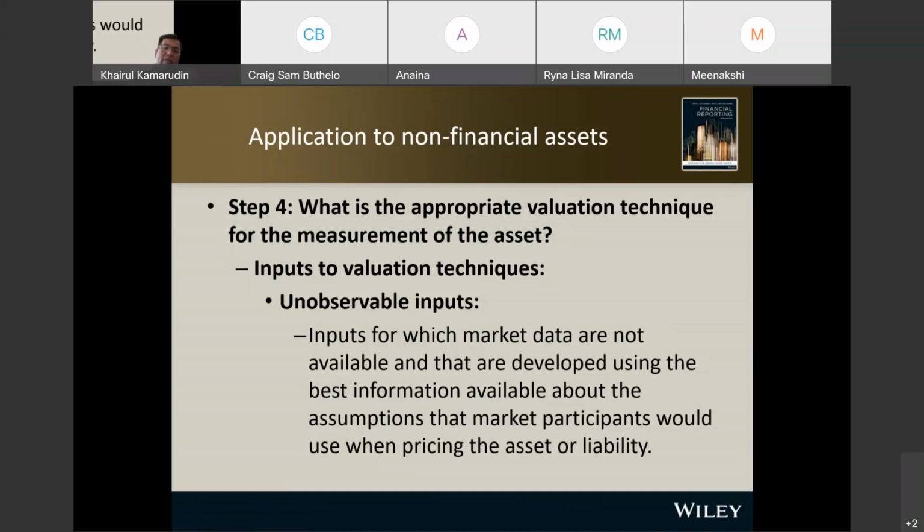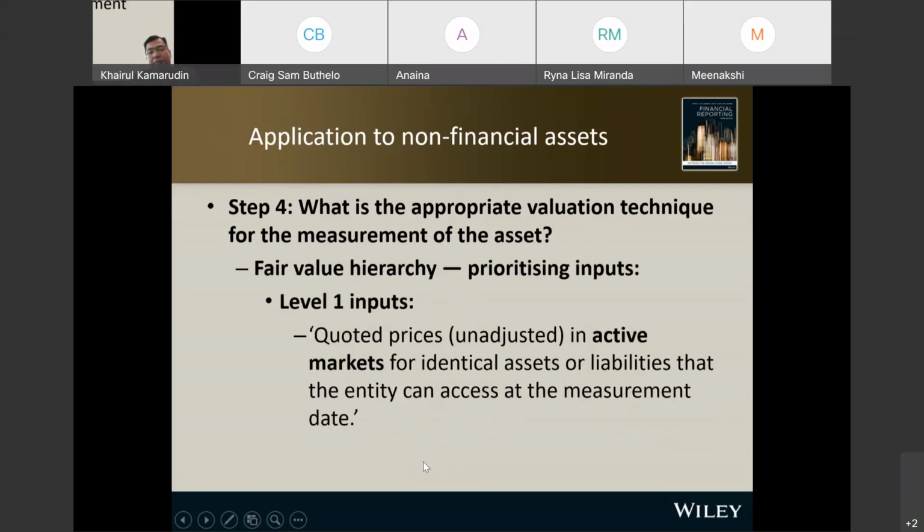What are the factors that will influence the fair value of the asset? From there, you work out the figure, and hopefully the market will also see it the same way as you, so there will not be much difference between the figure calculated by you and by the potential buyer of that asset.